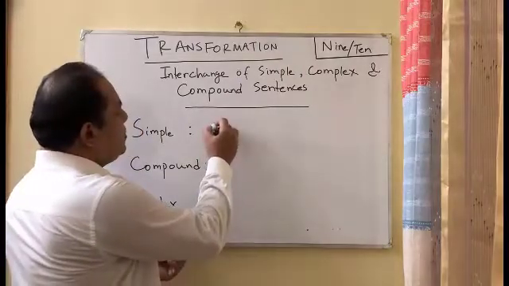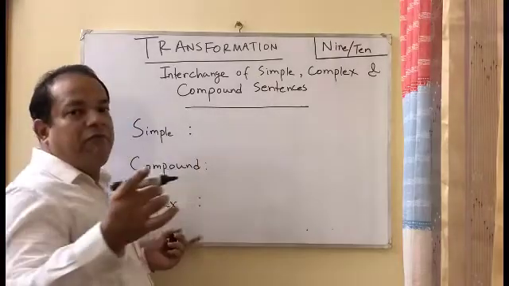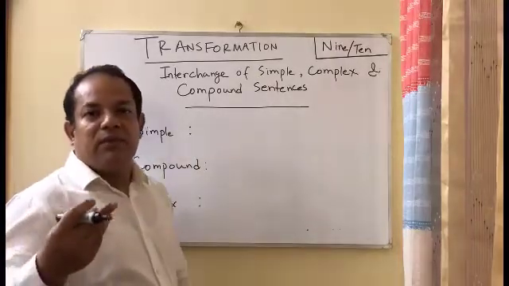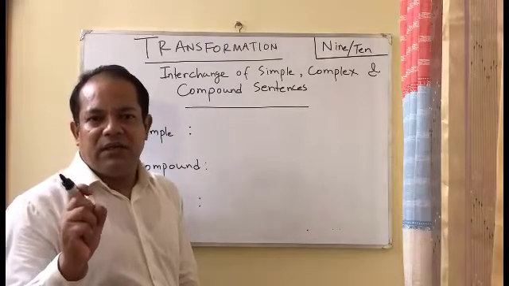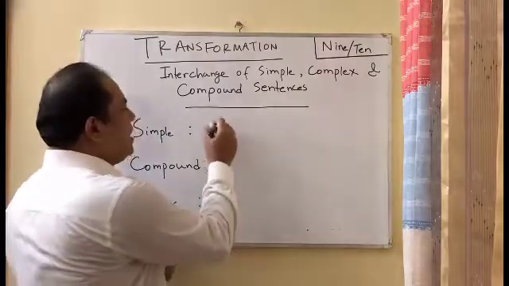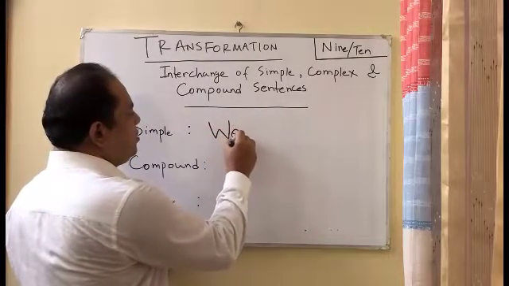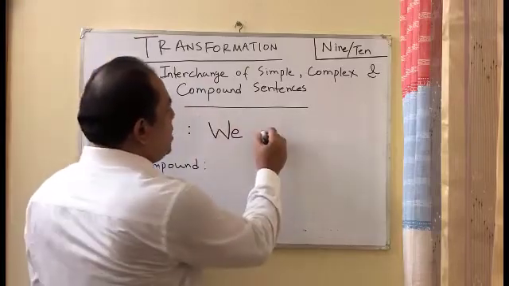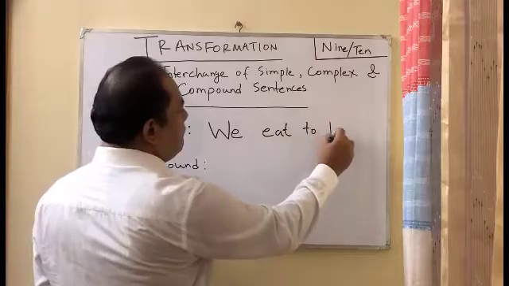Simple. For example, we have told that in simple sentence you will find only one subject and one finite verb. So one subject, for example, I have written as subject we. We eat to live.